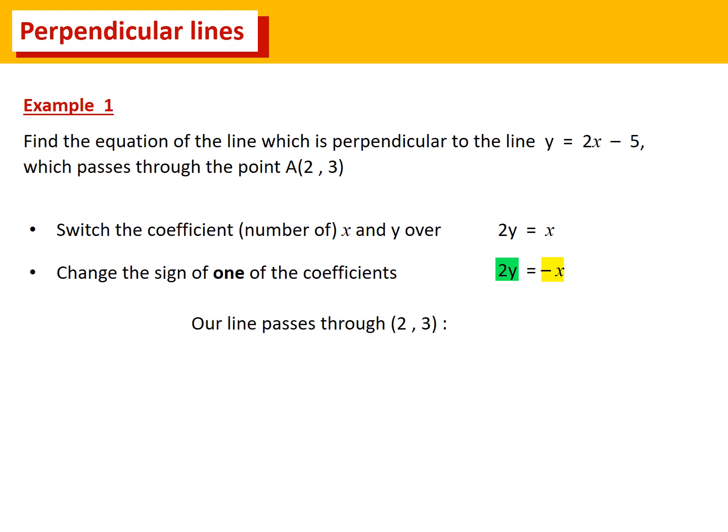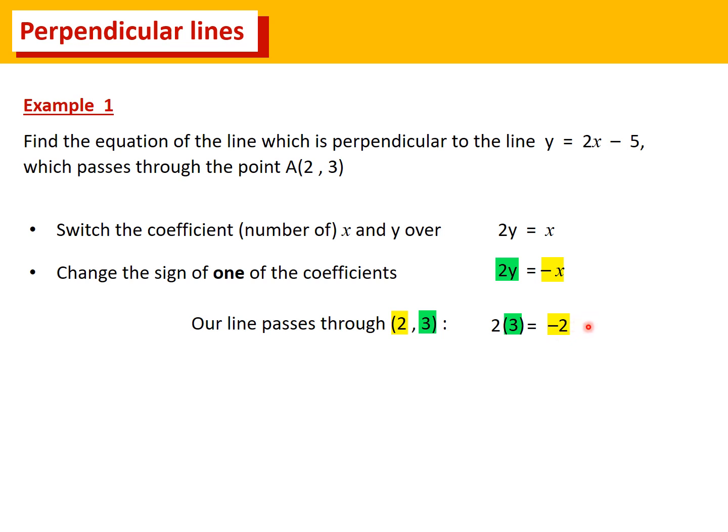Okay, so when x is 2, y is 3, so we substitute those values into this part of the equation. So 2y becomes 2 times 3, and minus x, because x is 2, becomes minus 2. So we end up with 2 times 3, which is 6, equals negative 2, which of course it doesn't.